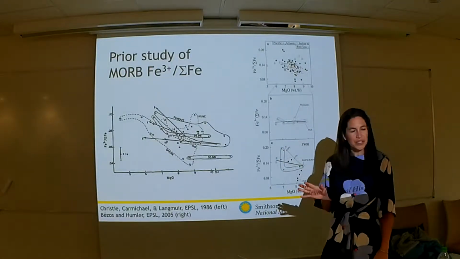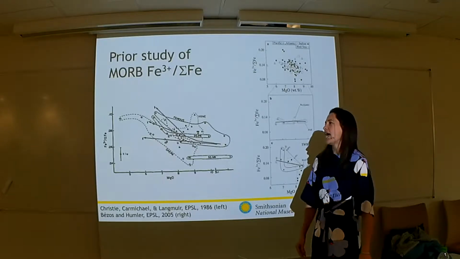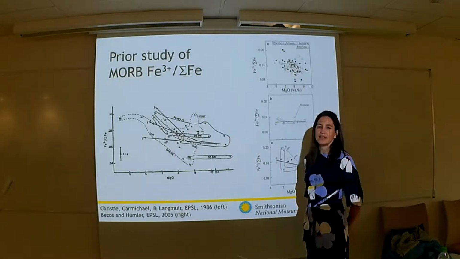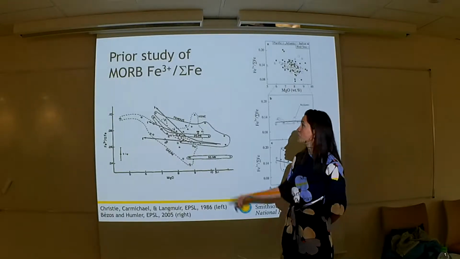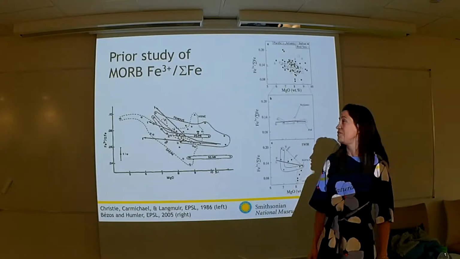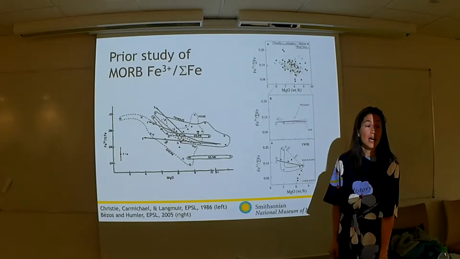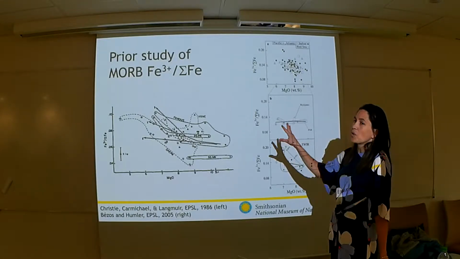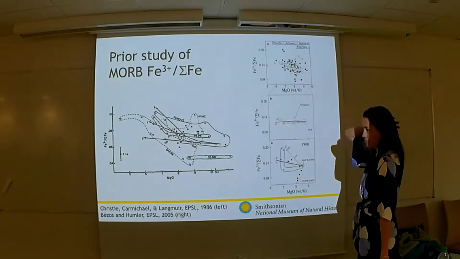People have recognized for a long time the importance of oxygen fugacity in the oceans, and this is the seminal work in 1986 of Christie, Carmichael, and Langmuir, who used the oxidation state of iron as a proxy for oxygen fugacity. And then in 2005, this is the work of Bezos and Humler. Both of these are wet chemical studies, titration studies of iron in basalts.